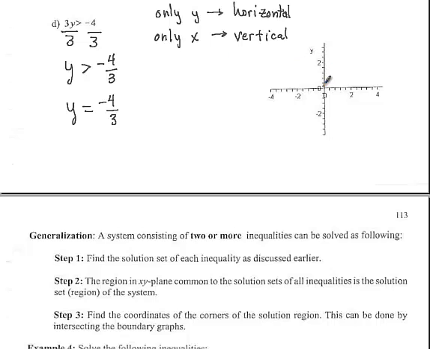So if you're at x equals 0, you go up, well actually you go down because y is negative, and this is approximately negative 1.3. So we go down a little ways past negative 1, and we put a dot. Well, what if x is negative 2?